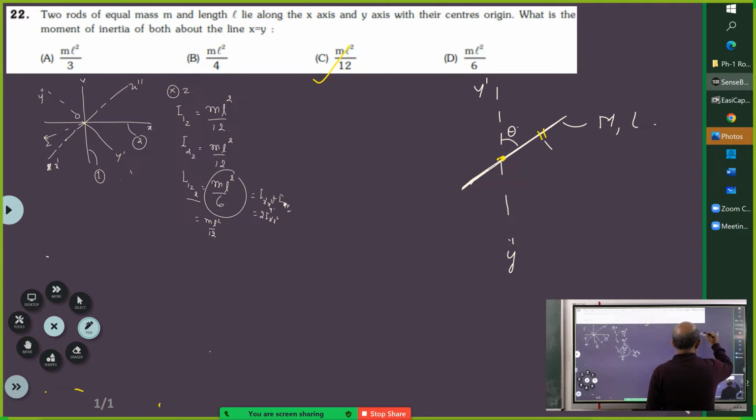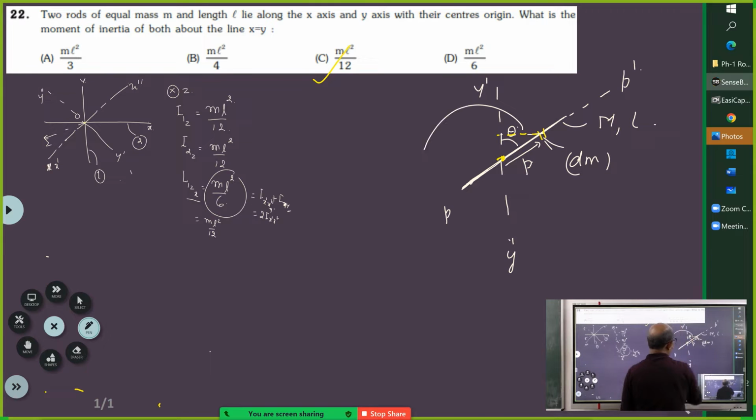Now you will take this axis as some axis, and this element will be the dm element, at some distance p from here. Correct? Yes, sir.